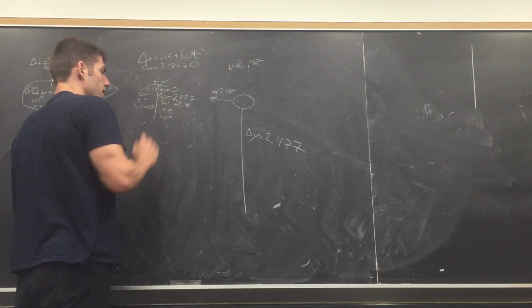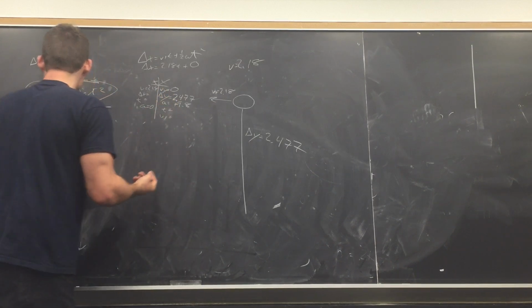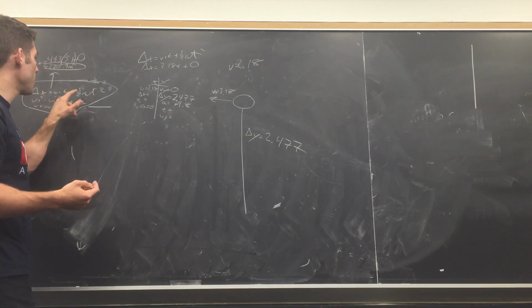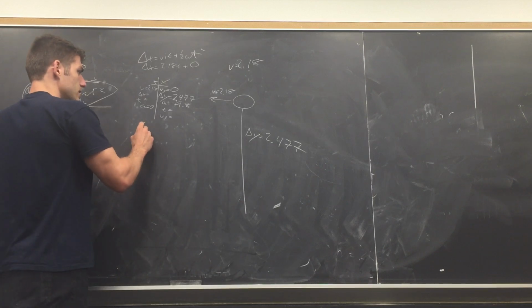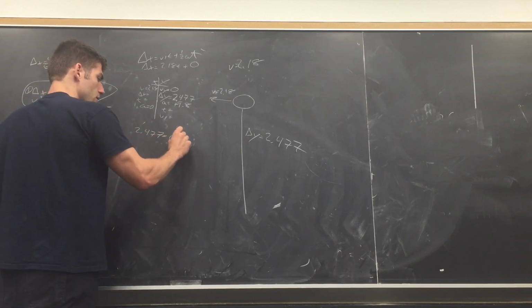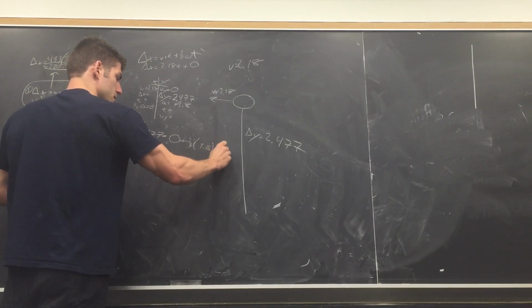So I have these 3 variables. I want to plug them in to get time. I'll think about the first one. I have the delta y, I have the initial, I don't have the time, I have the acceleration, so I get the time. So I could say that 2.477 is equal to 0, there's no initial, plus 1/2 times 9.8 times t squared.